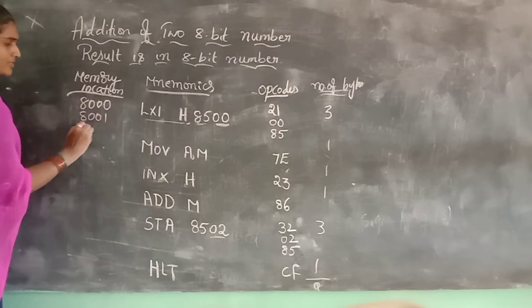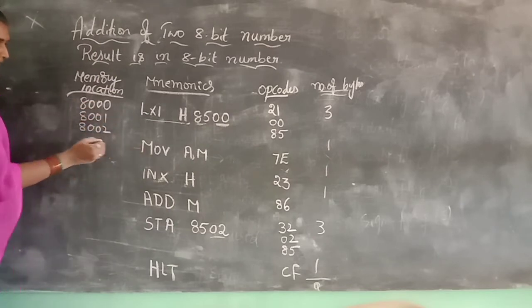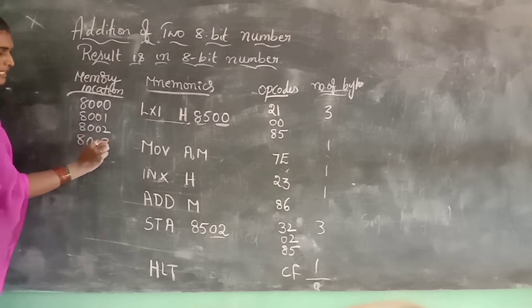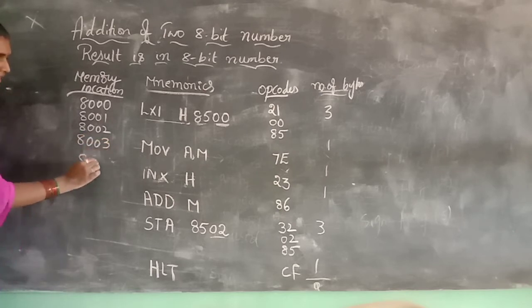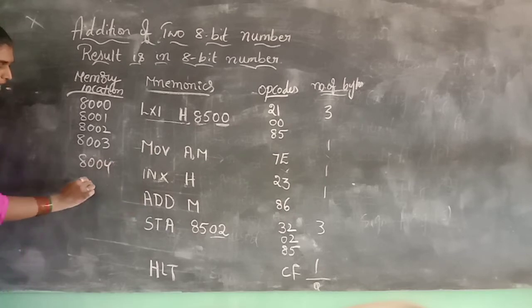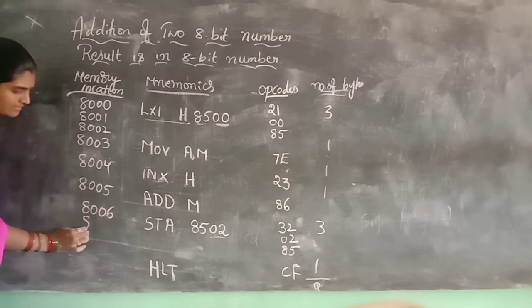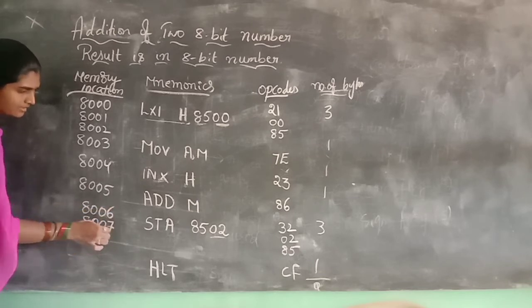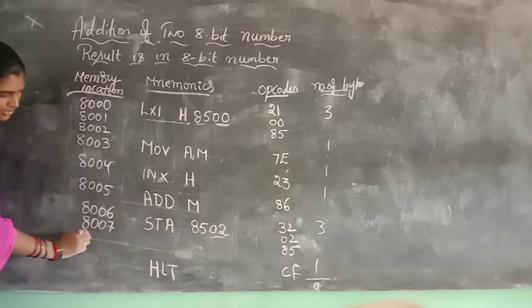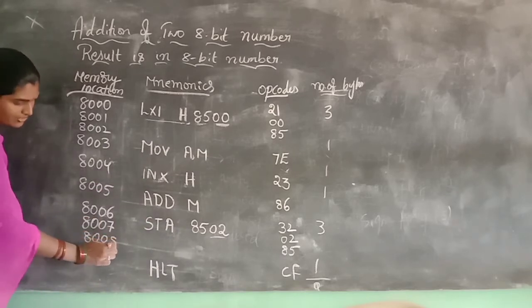So the locations are 8001, 8002, and next 8003. Next, INX H: 8004. Add M: 8005. STA, opcode 32: 8006. For the address, 8007 and 8008.